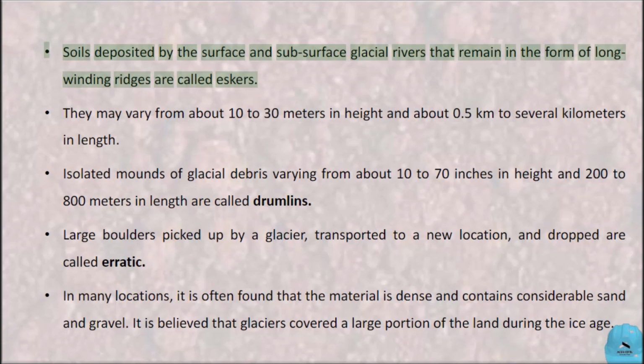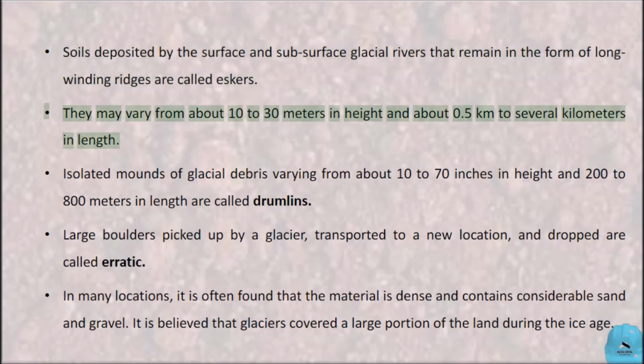Soils deposited by the surface and subsurface glacial rivers that remain in the form of long winding ridges are called eskers. They may vary from about 10 to 30 meters in height and about 0.5 kilometers to several kilometers in length.